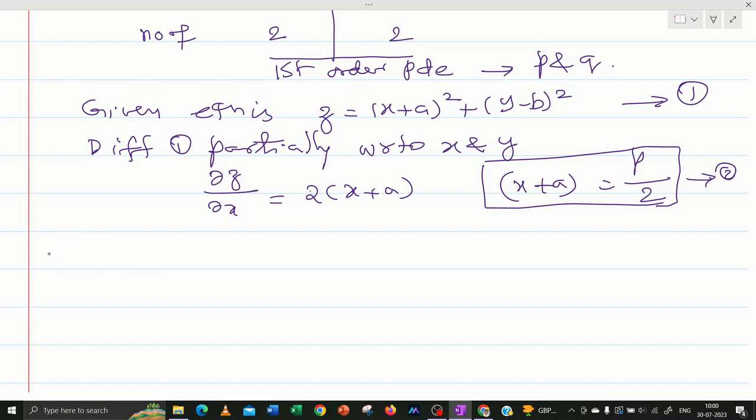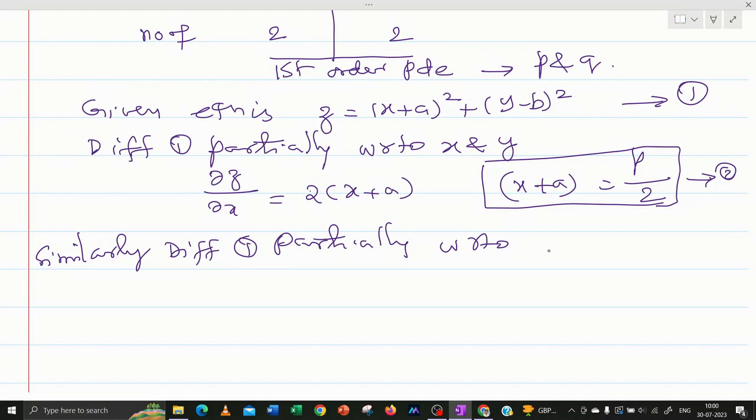Similarly, if we differentiate 1 partially with respect to y, that is, in the beginning we differentiated only with respect to x.